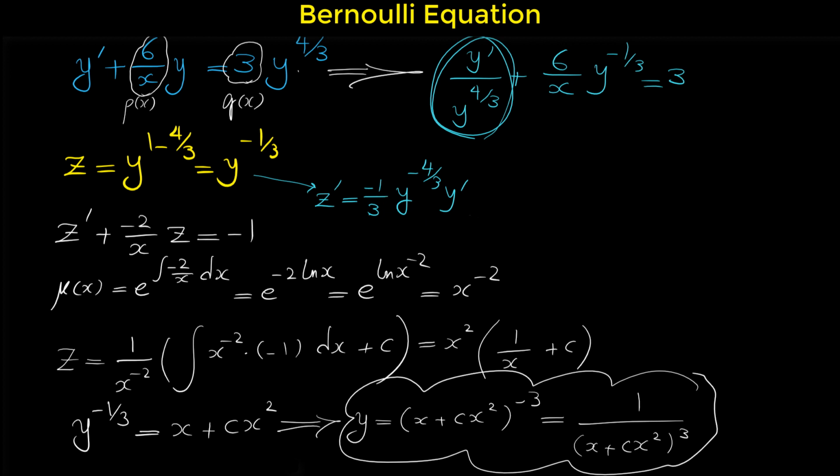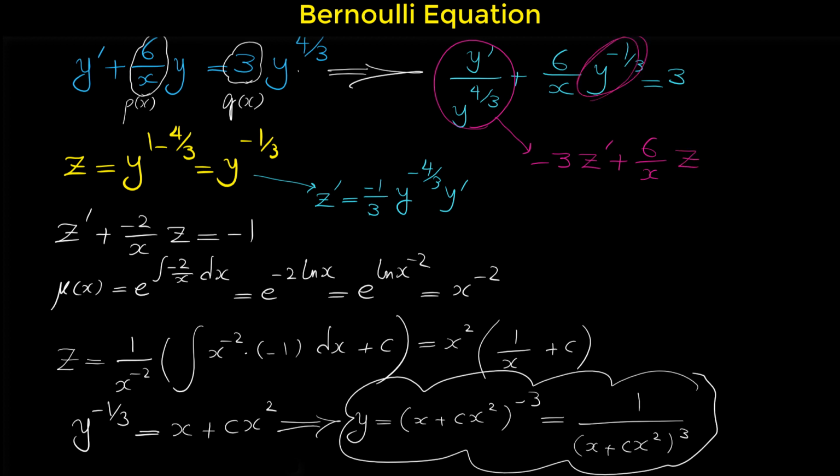So we can replace this with -3 z prime plus 6/x z.